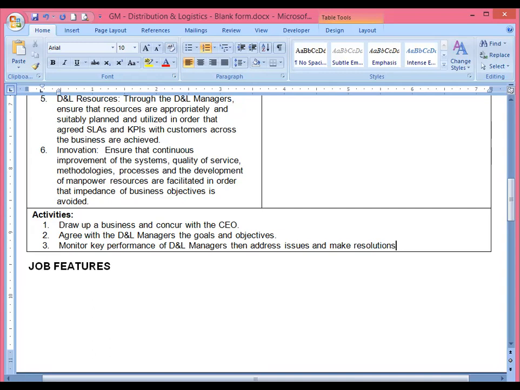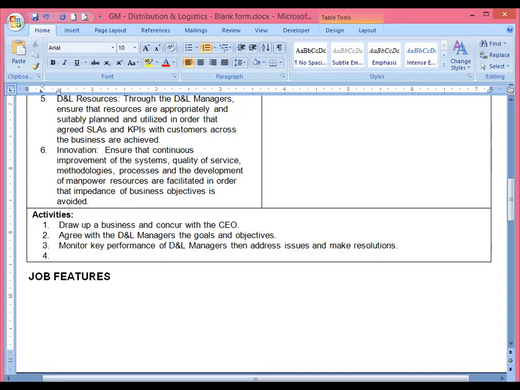Everything has to be discussed in a meeting presided by the general manager, and the general manager will participate and take part in the decision making, whatever the decision that's going to be made.